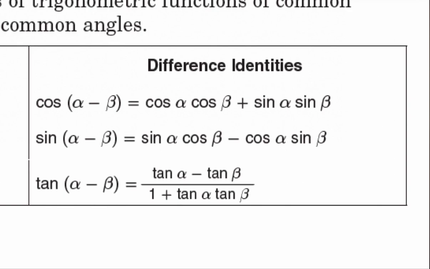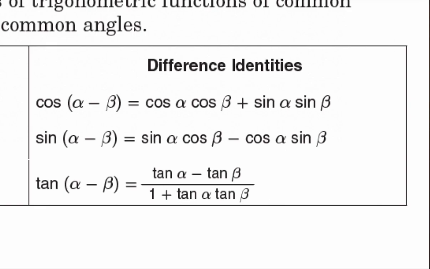Now, why are these formulas helpful? Why are these formulas used? Well, our unit circle is limited by the values on the unit circle. So those multiples of 30, 45, and 60, if they're not a multiple of 30, 45, and 60, you're not going to be able to find those exact values without some type of calculator.